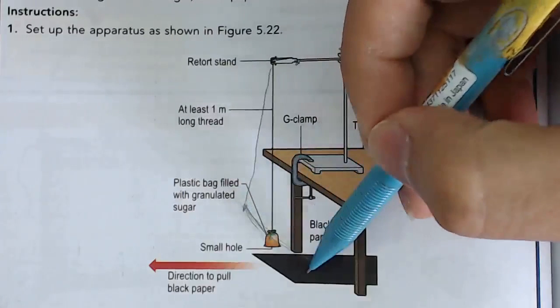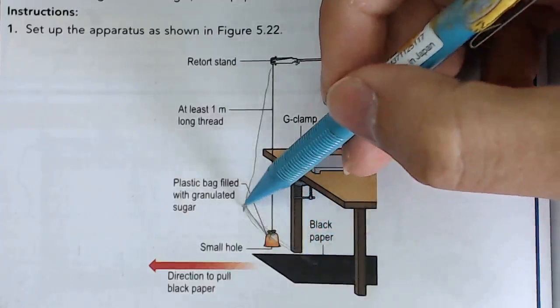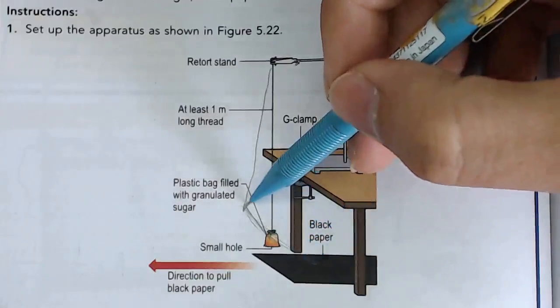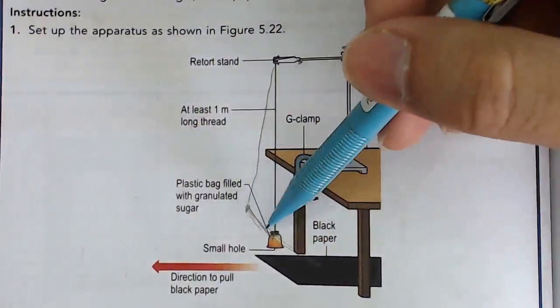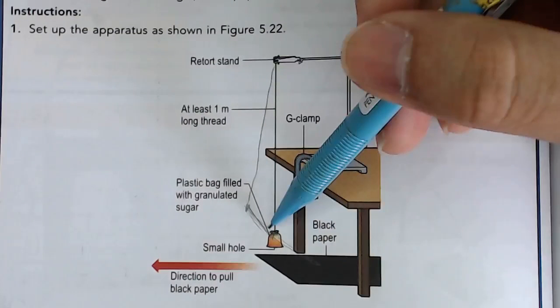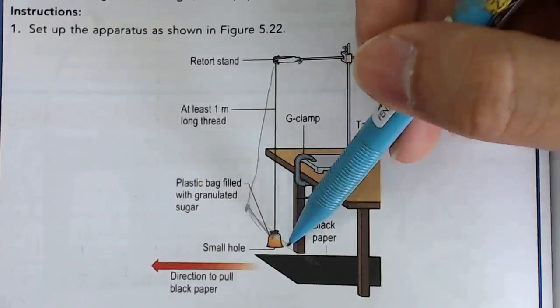Then you know what will happen. It will swing, go back and forth like that. And then guess what? After several times, what will happen to the swing?